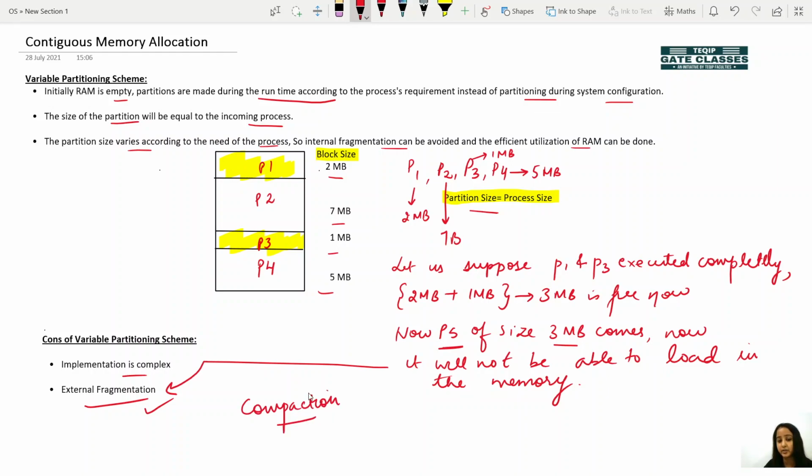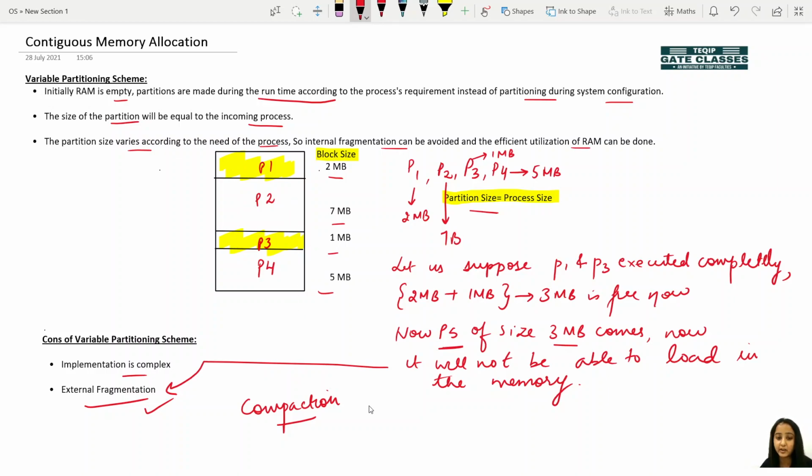What is this compaction? Compaction is moving all the processes towards the bottom or up to make the free available space available in a single contiguous manner. हम ये वाले प्रोसेसेस को बॉटम पे मूव कर सकते हैं जो एग्जीक्यूट हुए हैं, या तो टॉप पे. तो क्या होगा कि एक ही जगह पे कॉन्टिग्यूस मैनर में we will be having free space available.